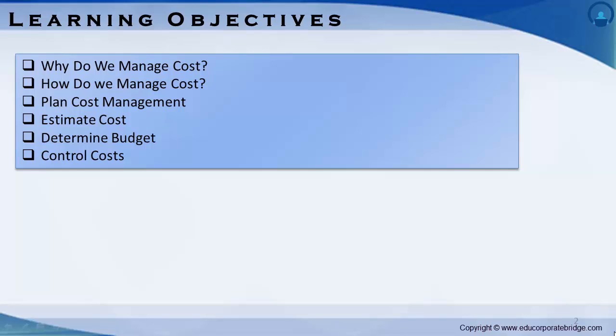Then we will move on to learn the various processes in cost management, that is plan cost management, estimate costs, determine budget, and control costs. During the course of discussion of the various processes, we will also look at some sample questions based on the PMP format.